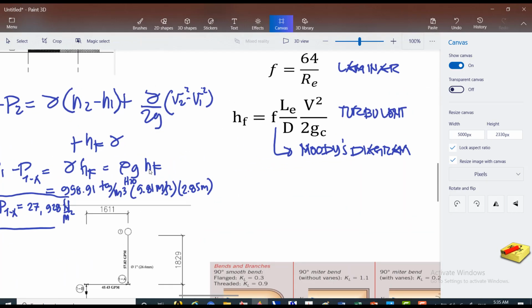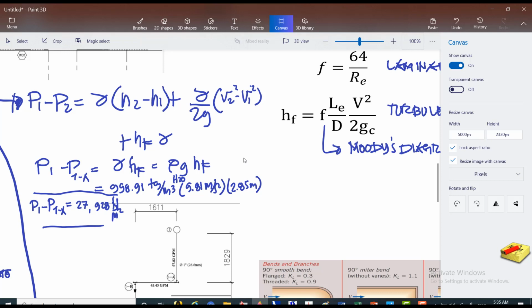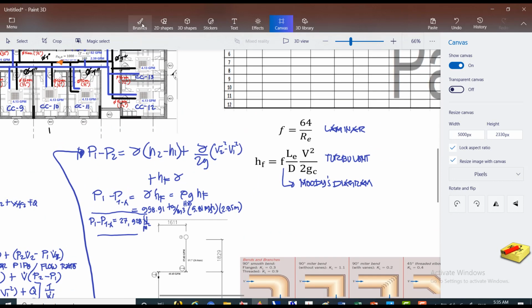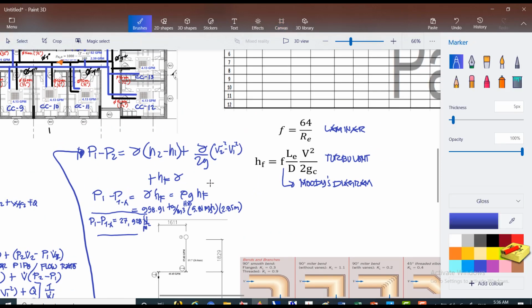Usually the value of our HF is composed of minor loss plus major loss. Minor loss covers the fittings.